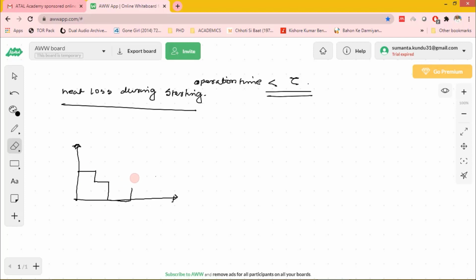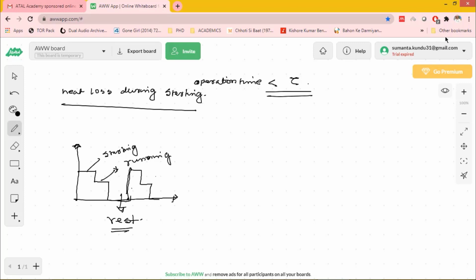Again there is starting, then again running, then again rest, and so on. So this is my starting period, this is my running, and this is my rest period.